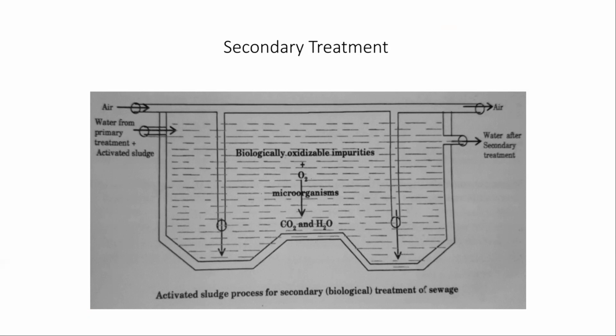In this process, we remove the biologically oxidizable impurities which are present in the sewage water. So we pass the water from the primary treatment, and to it we add the activated sludge of the previous process, and then we send that for the secondary treatment.